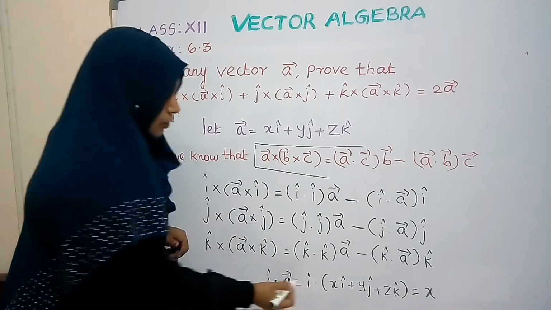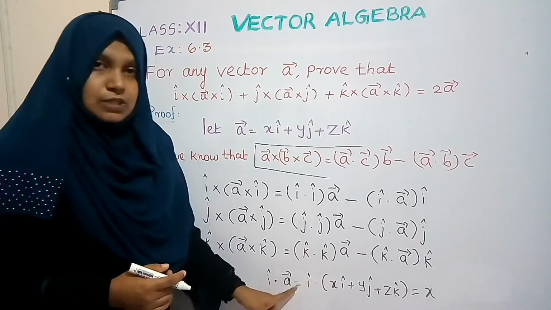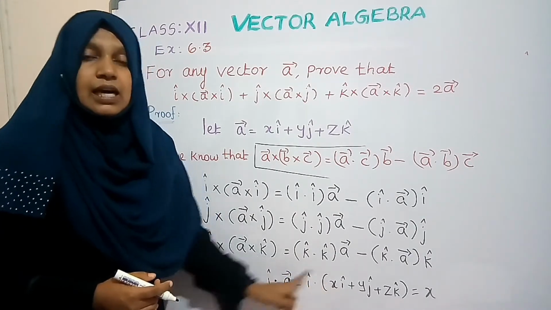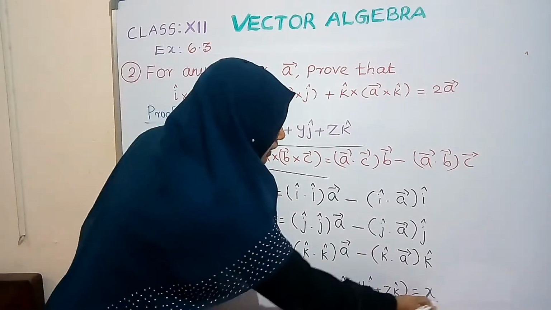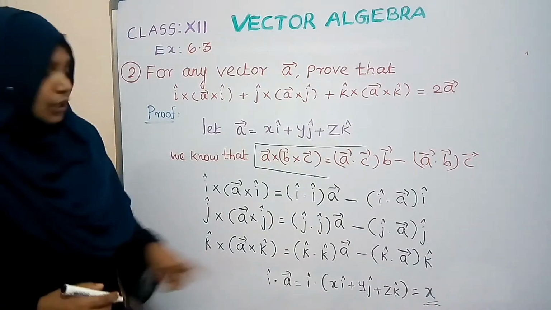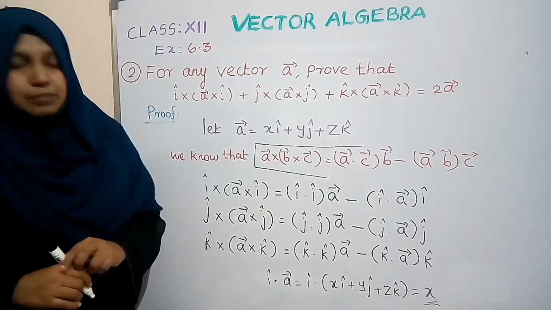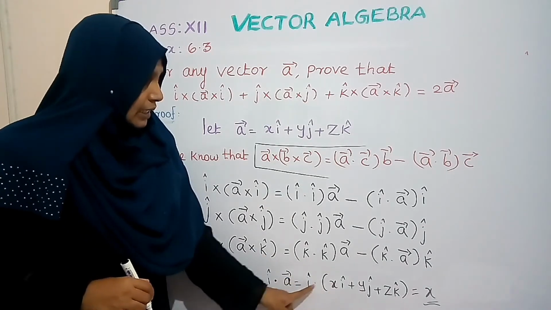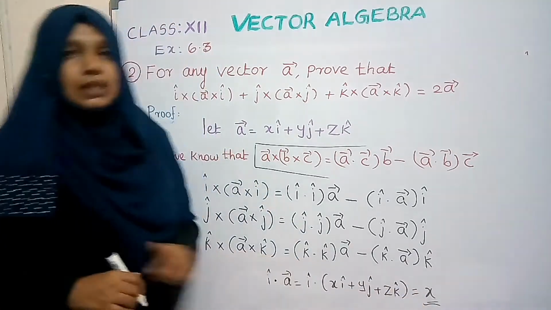So here you have only i cap, so we multiply with i cap on both sides. Here the coefficient is 1 and here the coefficient is x. After multiplying both values, 1 into x, we get x. Understood? No need to consider the j coefficient and k coefficient because in the first term you have only i. So i cap dot x i cap, 1 into x, is equal to x.